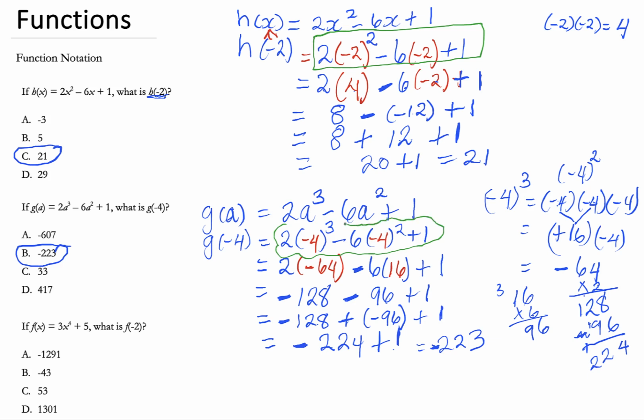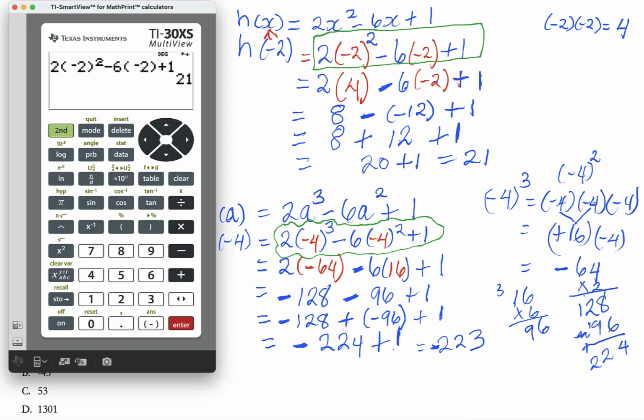And this question may come on the calculator section because they chose their A value as negative 4, which is very high. So let's get our calculator. So we have 2, open the parentheses, negative 4, close. Now notice this is to the third power, so you need the caret. 3, go to the right.